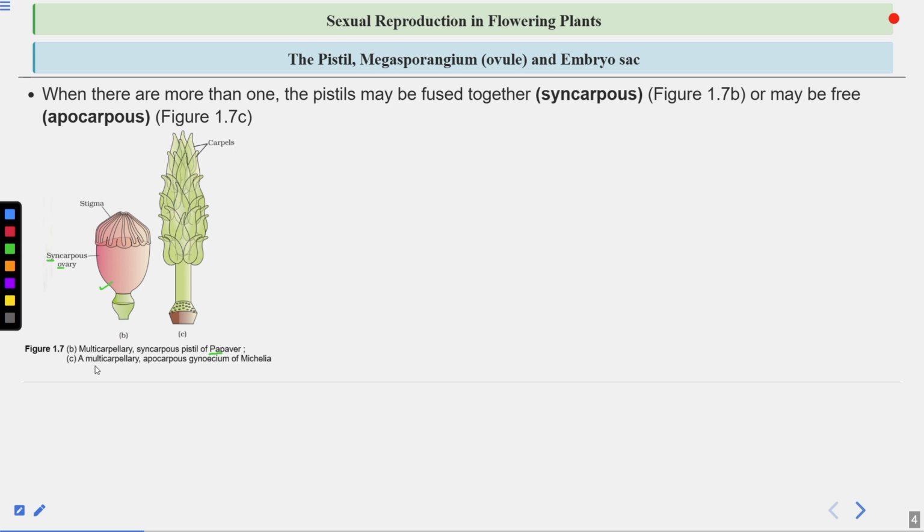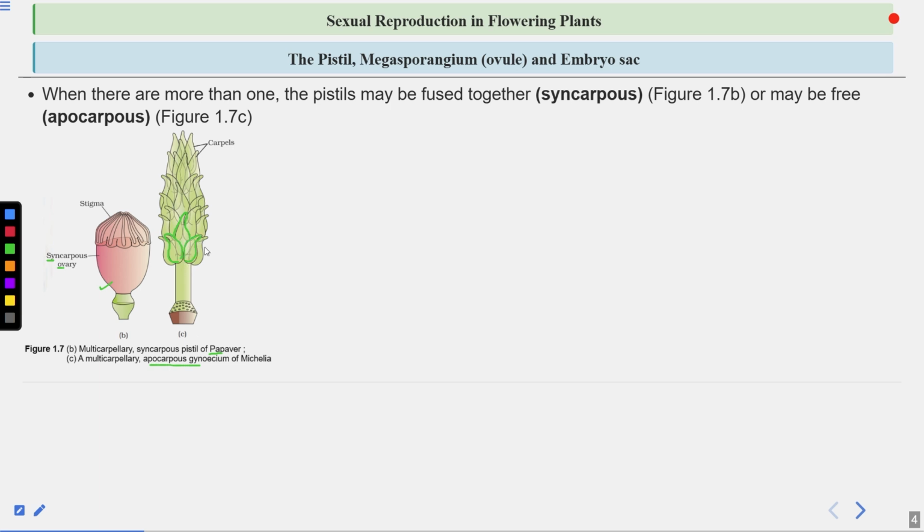Another condition you can see is the multicarpellary apocarpous condition. You can see all the pistils are free. This is one pistil, this is another, and like this, so many pistils are here.